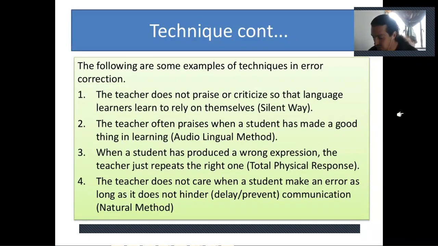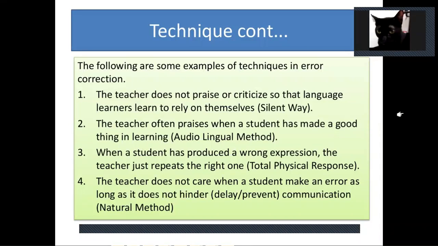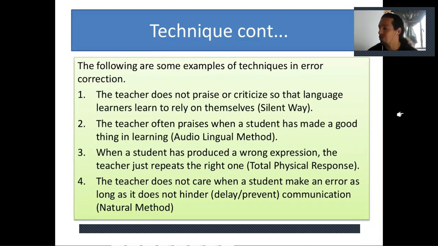As I told you before, the teacher is not going to say anything. Maybe they make some symbols or some signs with the fingers, with some paralinguistic elements, to tell the student that something is wrong.